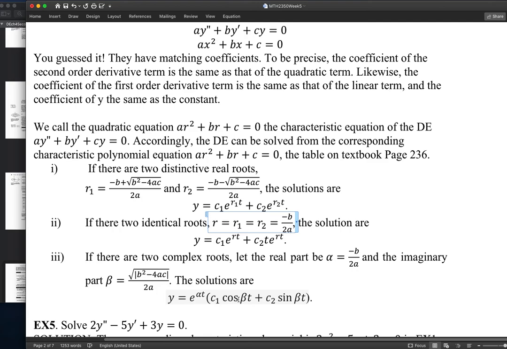Beta is the imaginary part, and it's safe to say beta is positive. So I hope you see the connection between the second order linear homogeneous differential equation with constant coefficients and its characteristic equation, which is a quadratic equation.